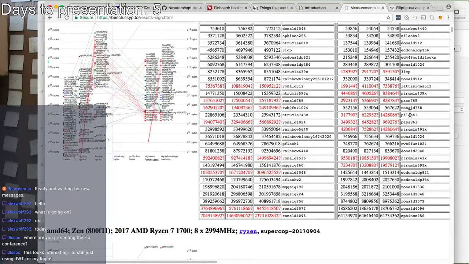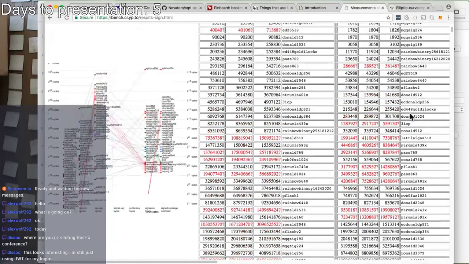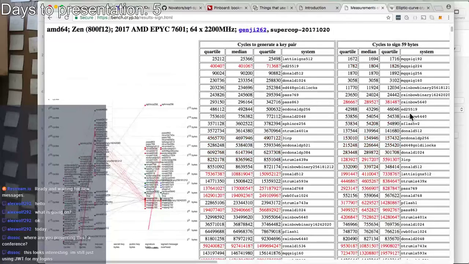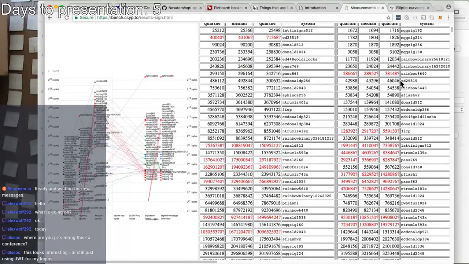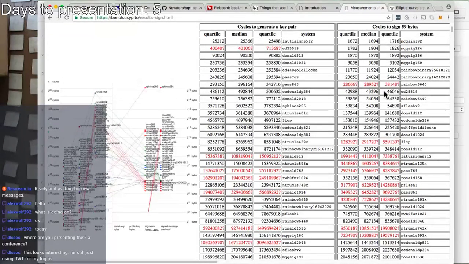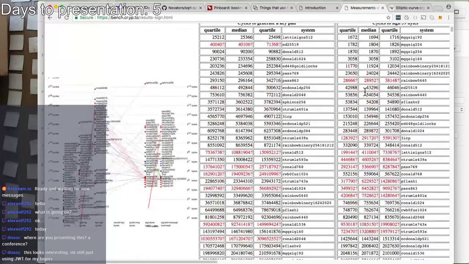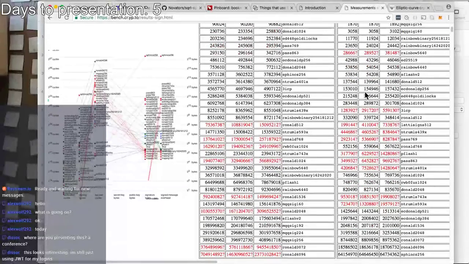Where is... So that doesn't have large variance. Quartile, median... Unfortunately, I don't know. Where was our standard, like RSA, DSA?